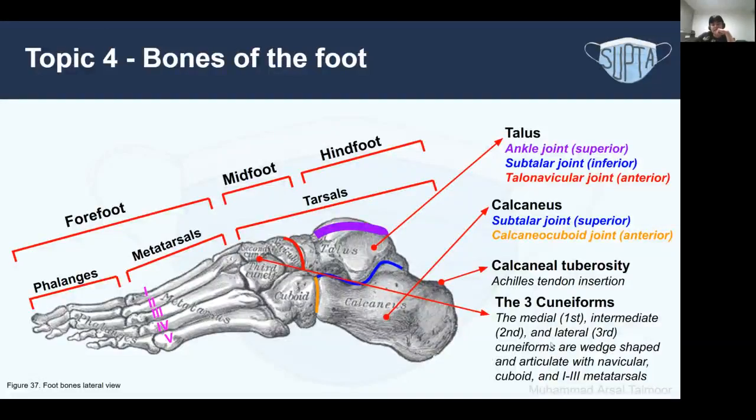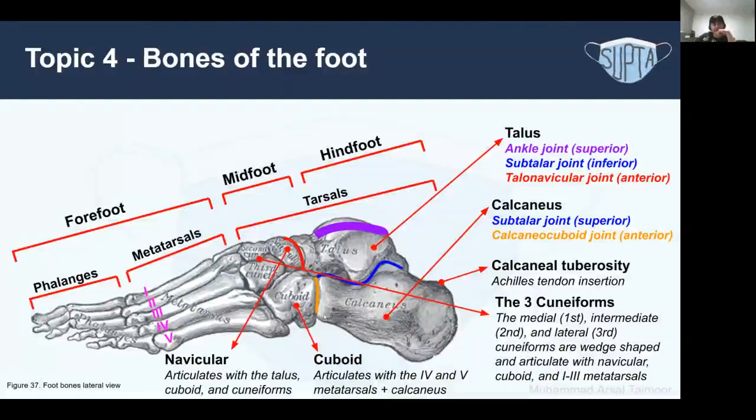So the cuboid is most lateral, articulating here with the fourth and fifth metatarsal and also the calcaneus. You've got the navicular bone, which will articulate with the cuboid and the cuneiforms and the talus.